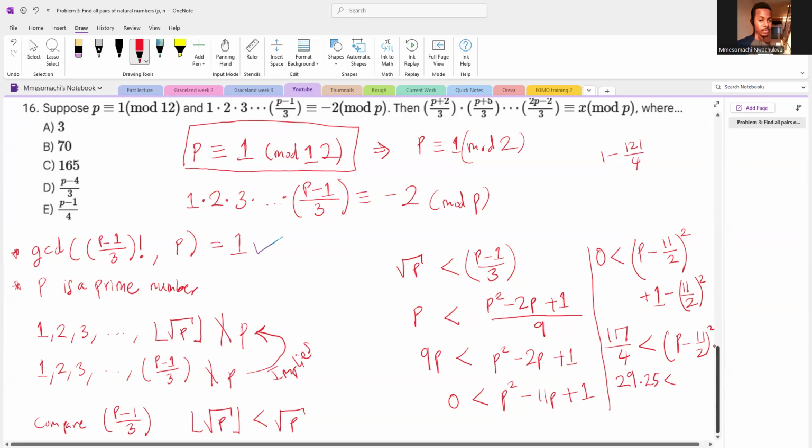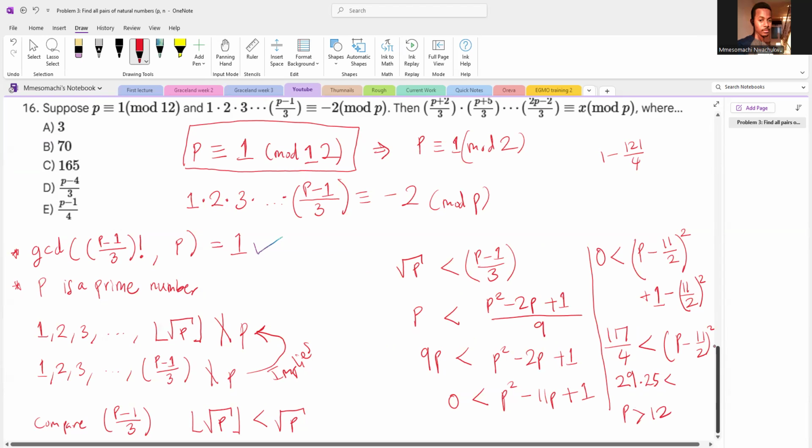Basically, if P is greater than 12, this satisfies the condition of this inequality.